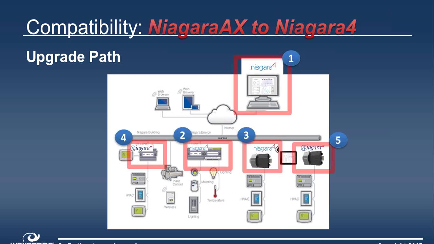We could also add the new Jenny 8000 when it is launched with Niagara 4. And at some point in the future, the Jenny 8000 will also support being able to run Niagara AX. And this is intended to be a replacement for the aging hardware in the current Jenny 3000, 6000, and 7000 series controllers. But all of those controllers will be able to live and talk on the same network, which is important for making sure that your current installations are not obsolete.